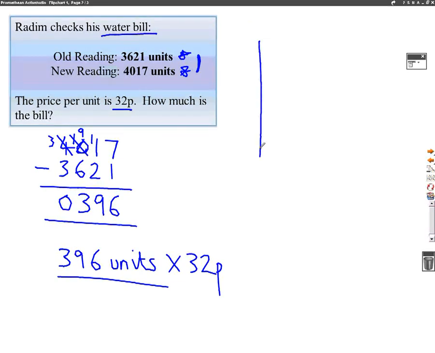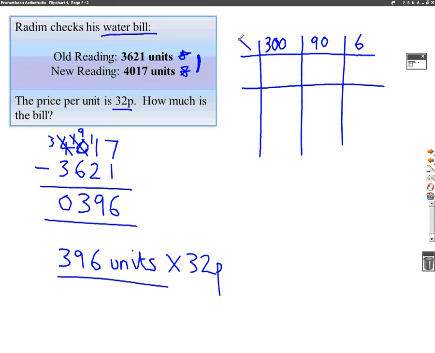So I'm going to multiply my number 396. So we put that across the top as 300, 90 and a 6. And I want to multiply that by 32. So I'm going to write 30 and 2. And I want to multiply all of these numbers in my table together.